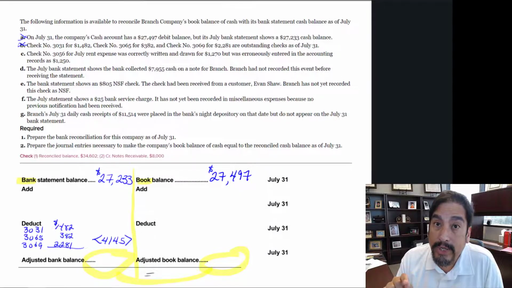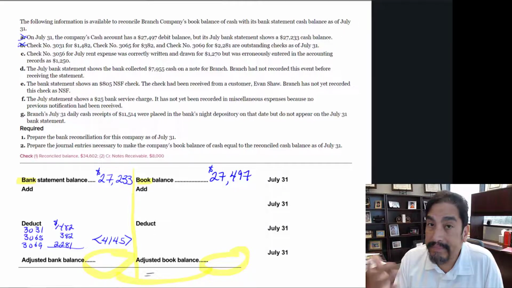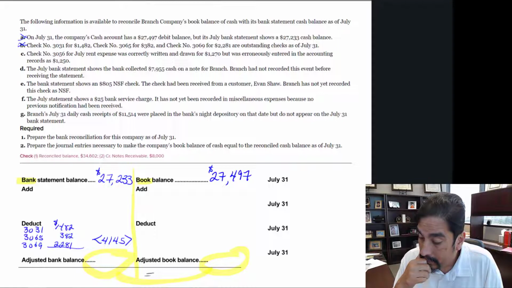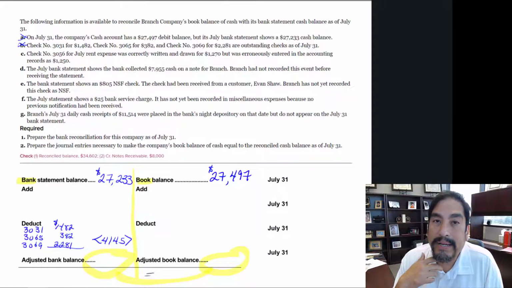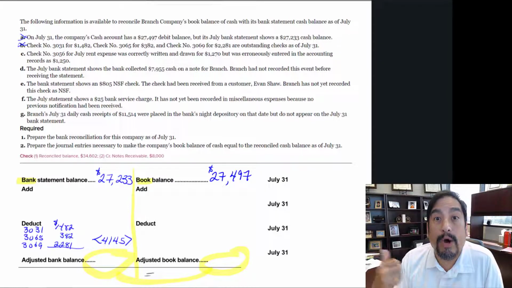That's how much we wrote the check for, and that's how much the bank took out of our checking account. But it was erroneously, in error, mistakenly, entered in the accounting records as $12.50. So the mistake is in our books. The adjustment is on the right-hand side, the book side of it.